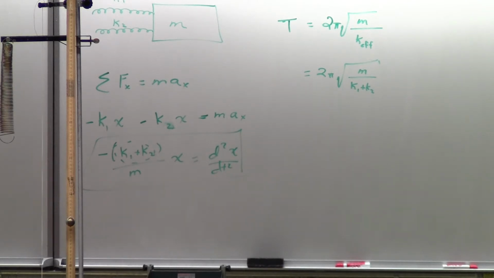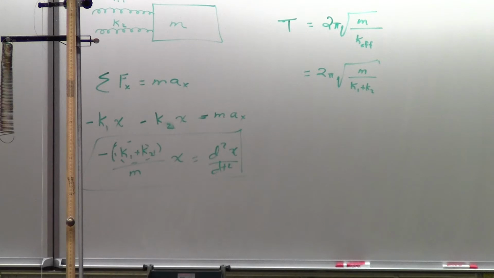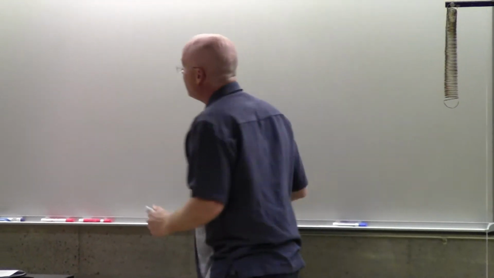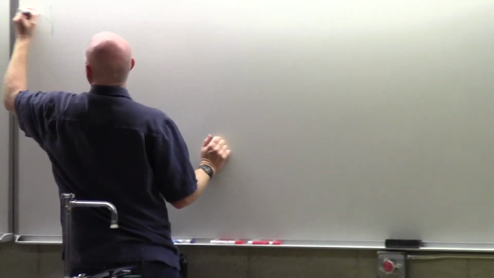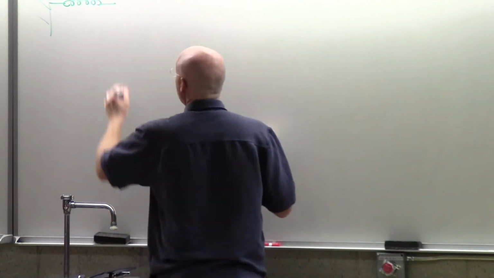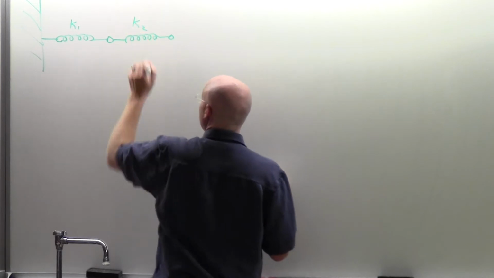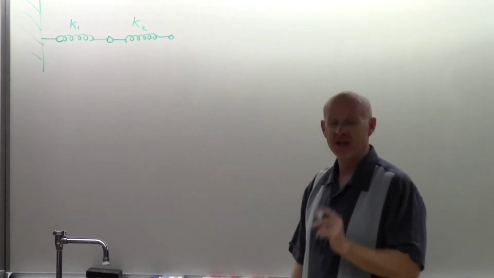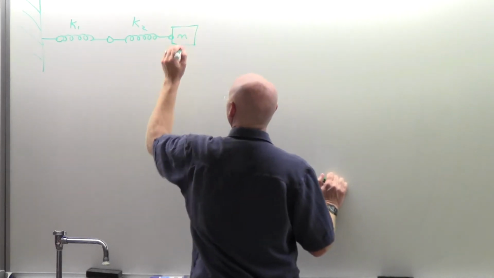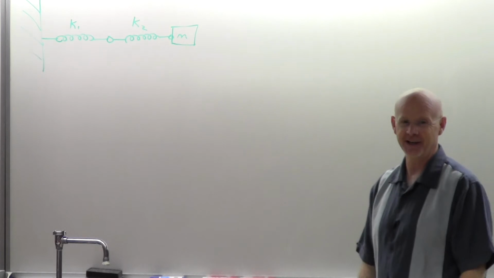Let's try this one. How about a little harder one? What if I take my wall and I hook my first spring, k1, and then hook what I will call in series a second spring, k2, and then I will hook the mass to that, and then I will pull at a distance x and let it go.